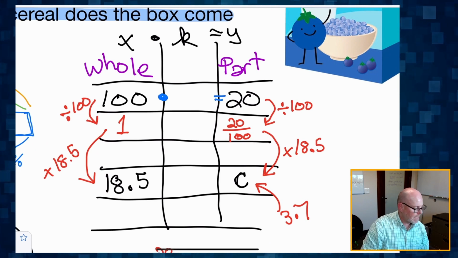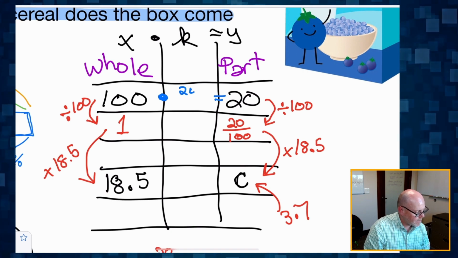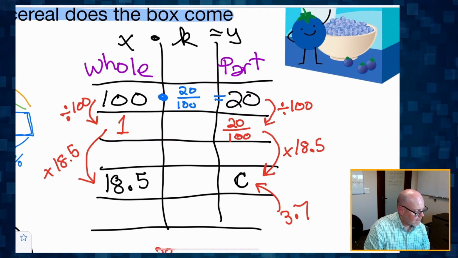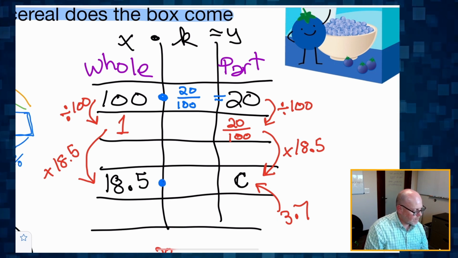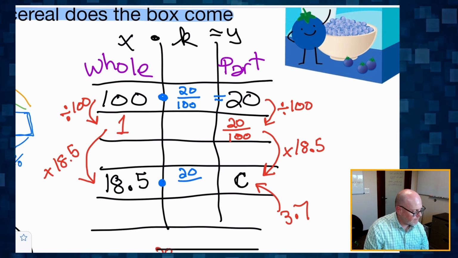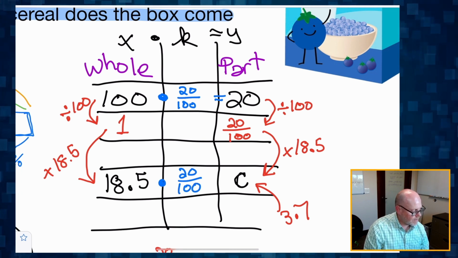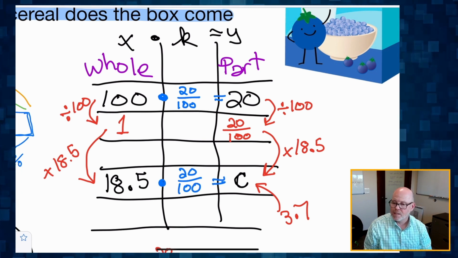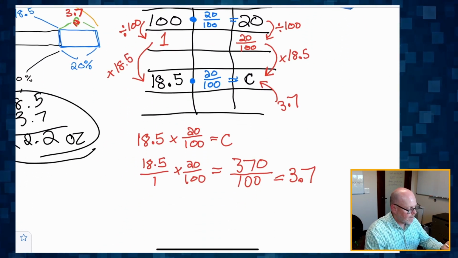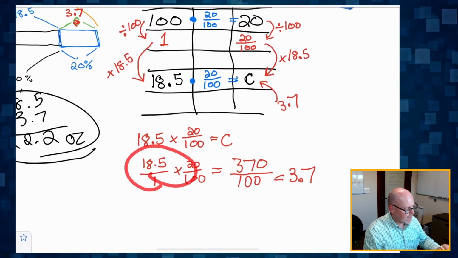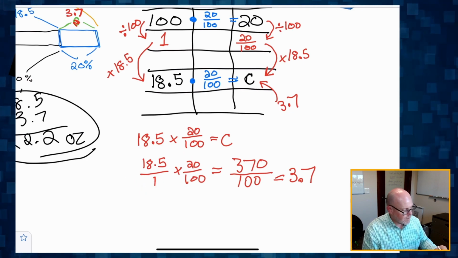Using division, I can see that my constant of proportionality is 20 hundredths. So all the way down here, all I had to do is multiply 18.5 times 20 hundredths, and that's going to give me C. That's the exact same math we already did right here. 18.5 times 20 hundredths gives us 3.7.